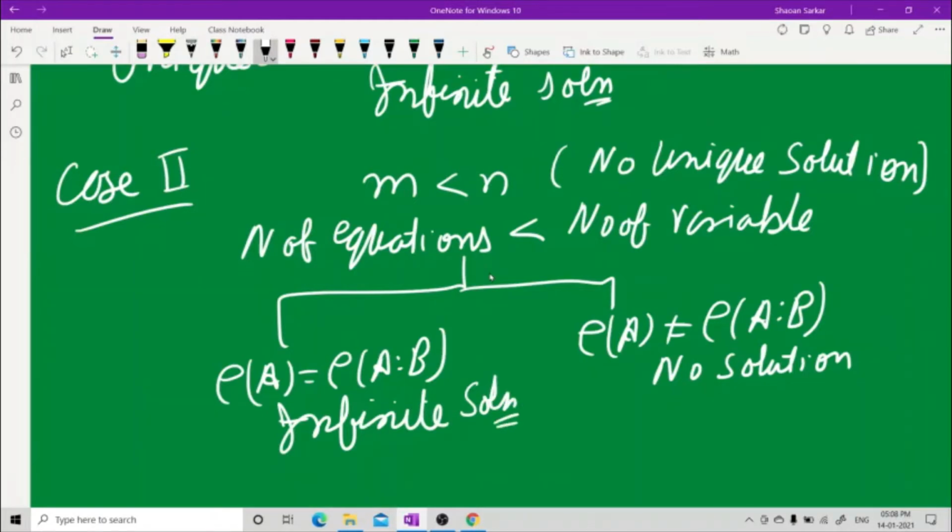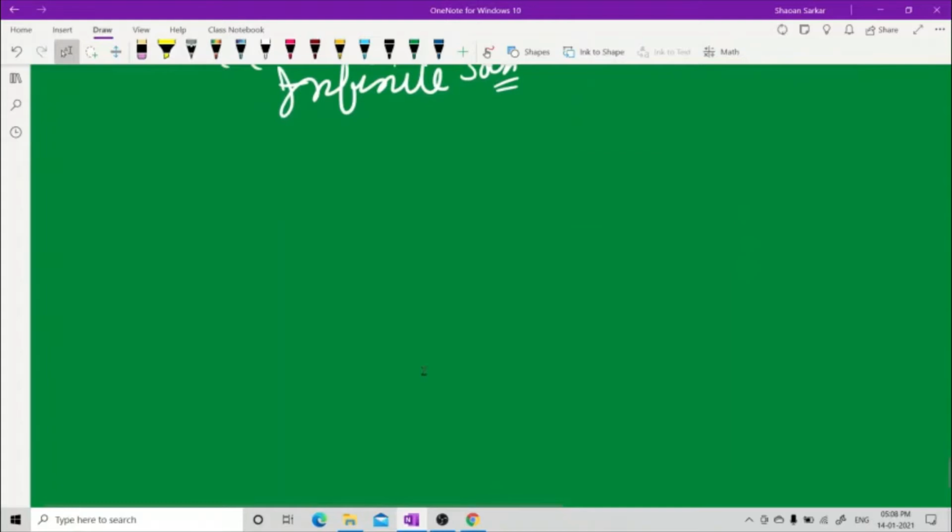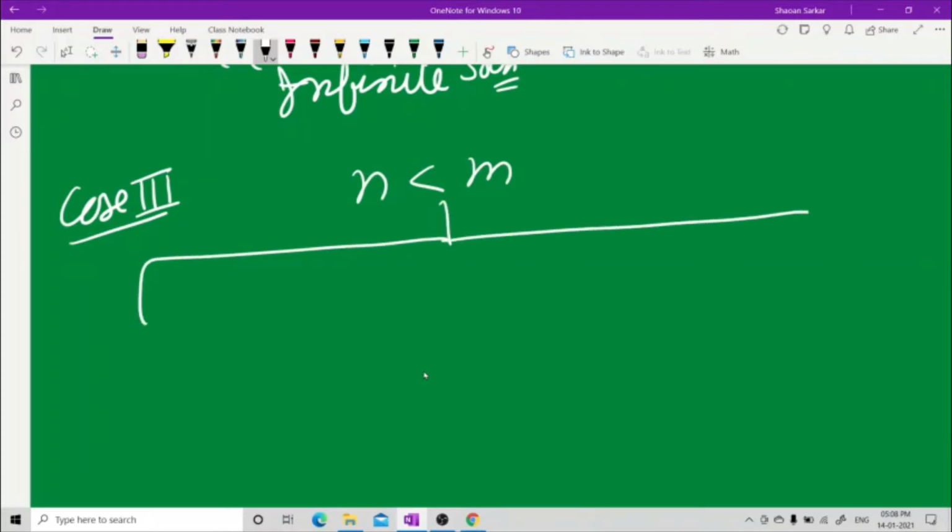Now the next case is case number 3. Case number 3 and case number 2 are not required. Supposing n is less than m, the number of variables is less than the number of equations. In this case also, just for the sake of completeness, I'm doing it. Here, if rank of A is not equal to rank of A colon B, then no solution.